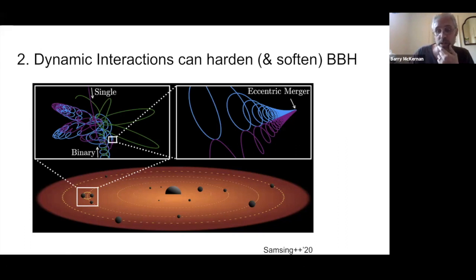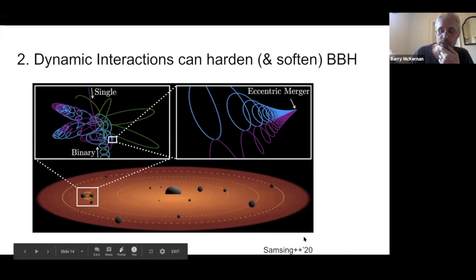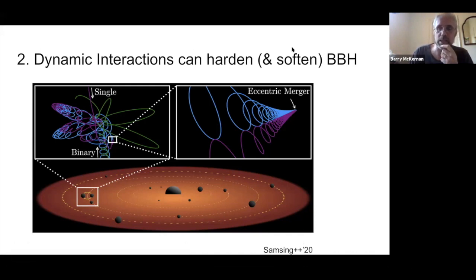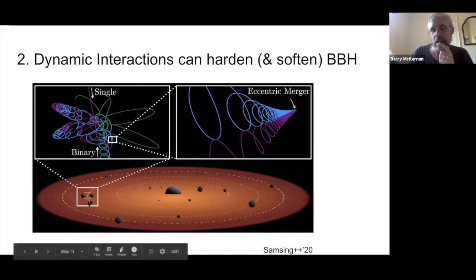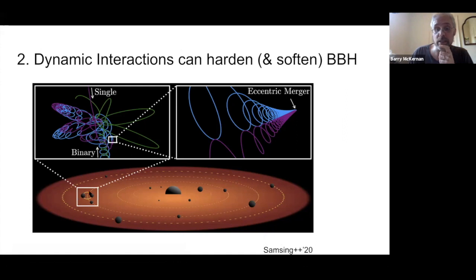I stole this cartoon from a recent paper by Johan Samsing. You see the supermassive black hole in the center, lots of things orbiting around, and you get a three-body encounter somewhere in the disk, and it leads to a complex, messy encounter, and eventually some sort of eccentric merger as a result, and a scattering.